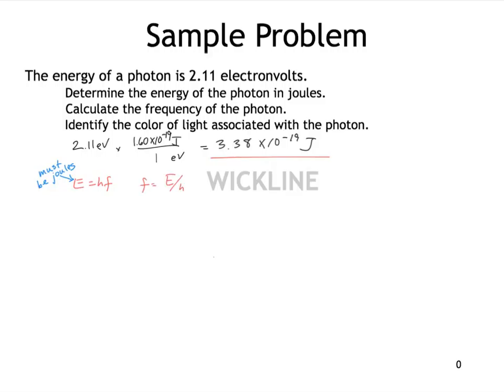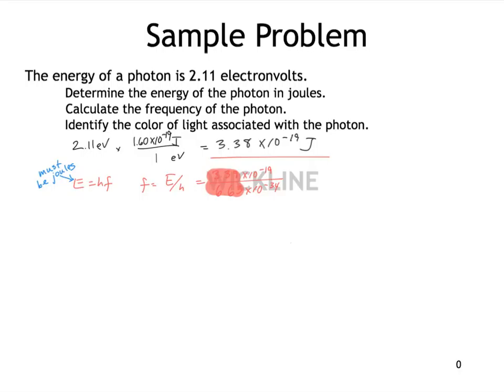And I get F equals E over h, and I'll plug in variables that I know, which was 3.38 by 10 to the negative 19 joules, solved from earlier, and 6.63 by 10 to the negative 34 joule seconds, which of course is Planck's constant. And I'm just going to divide these parts first, and I get 0.5098.